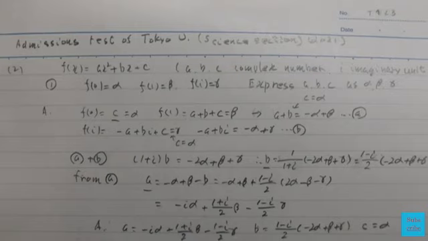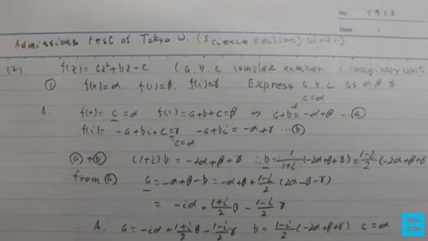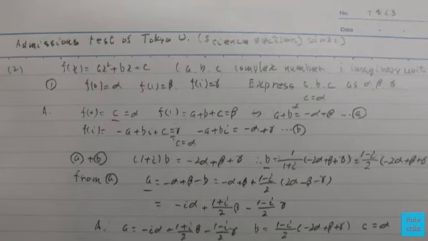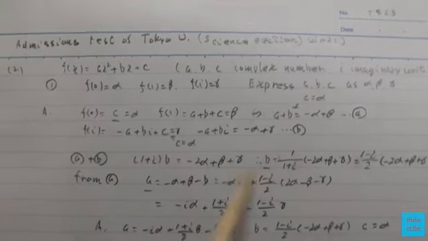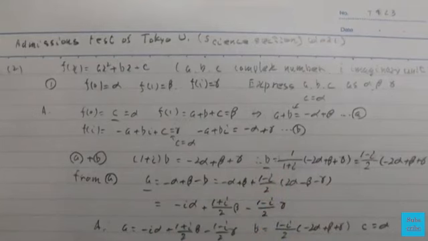And from equation 1, a equals minus alpha plus beta minus b, and this equals minus i alpha plus (1 plus i) over 2 beta minus (1 minus i) over 2 gamma. And that is the answer.